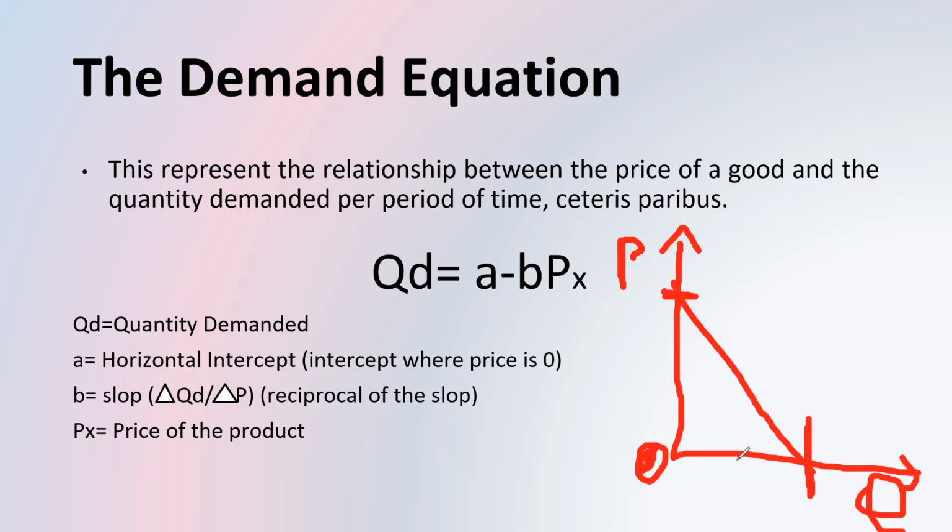This is the horizontal intercept, because we are searching for when price equals 0, how much is the quantity. Maybe that value equals 100 or 200. Then we can substitute that value for A. This is 200.